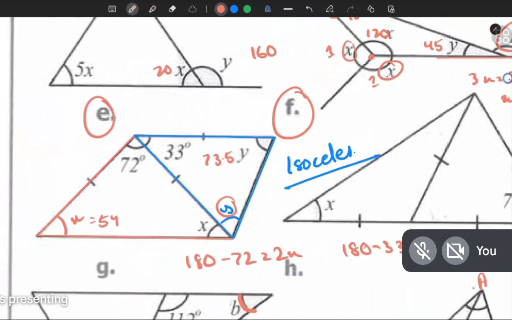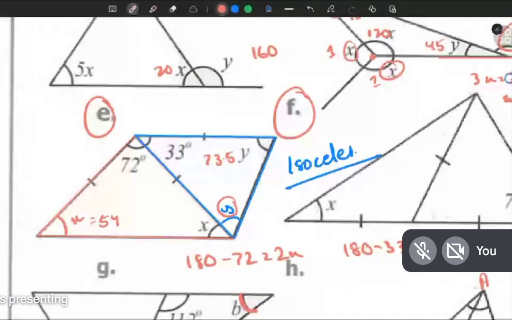Okay. Looking at E again, we have an isosceles triangle, right? When you have an isosceles triangle, we have two sides that are equal, and the angles formed on the sides that are equal are the same, right?